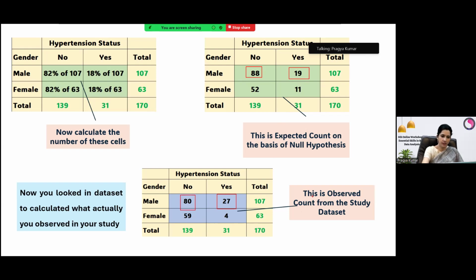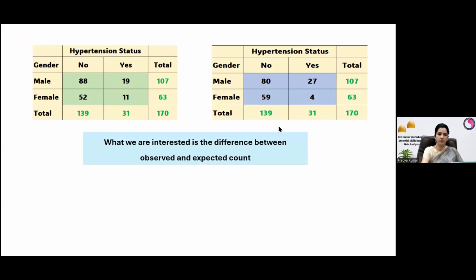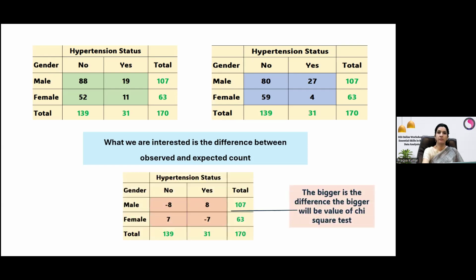So if you count the difference, this is your expected and this is your observed, and we want to know the difference between these two. Because if you can recall the chi-square formula, observed minus expected, we square it, take the sum, and divide it by the expected.